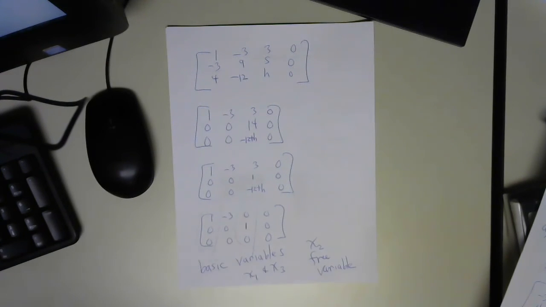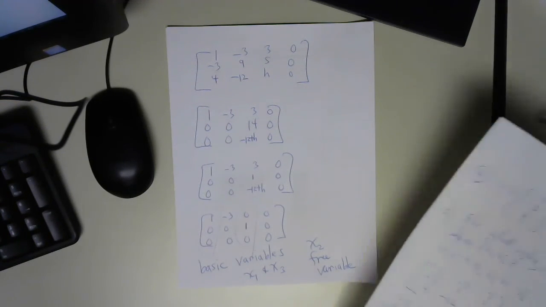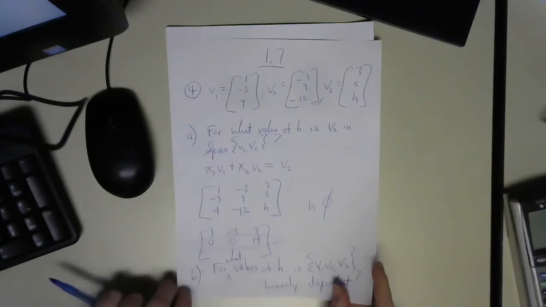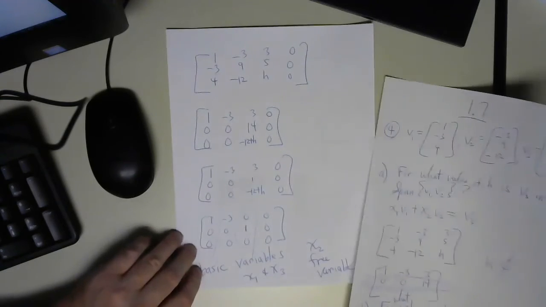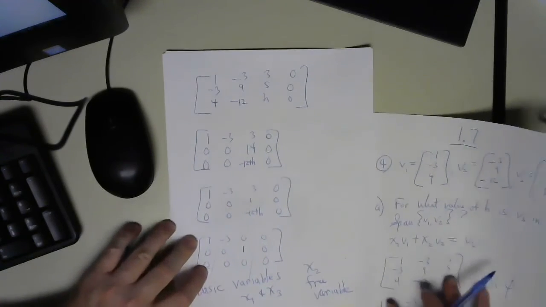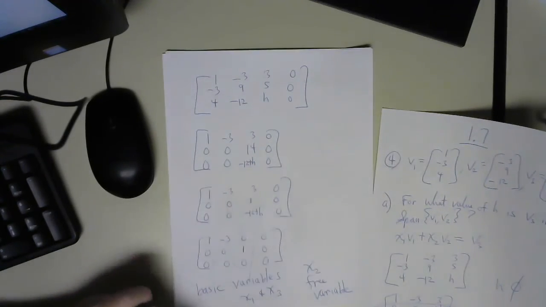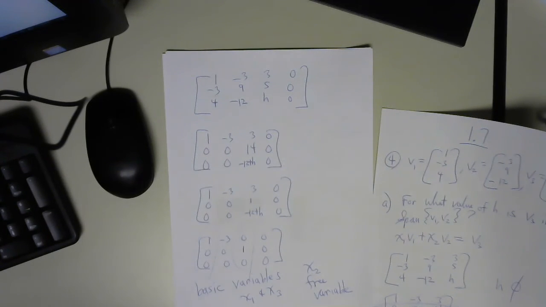All right. And remember, we were solving a homogeneous system. And a homogeneous system always has one solution or infinitely many solutions. In this case, it has to have infinitely many because we have at least one free variable. And that means that this system has infinitely many values for x1, x2, and x3 that will make it true.